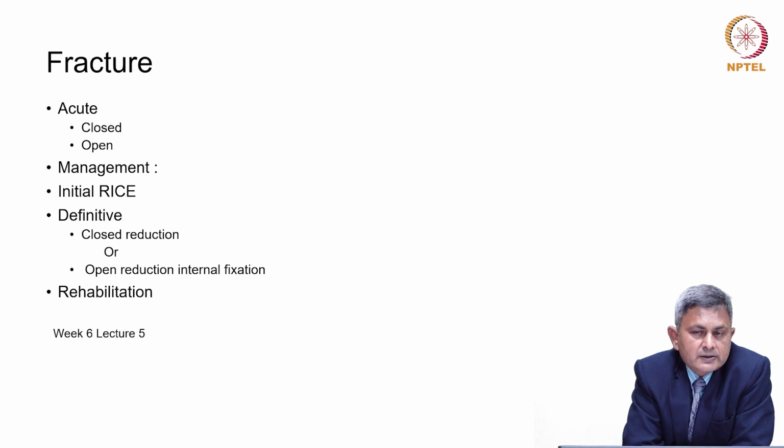When the skin remains intact and the fracture ends of the bone don't come out, it's known as a closed fracture. And when the skin is abraded or affected and the bony part comes out, then it is known as an open fracture.